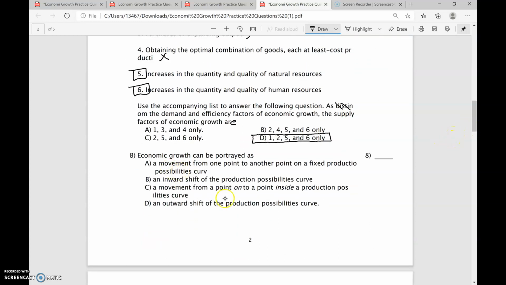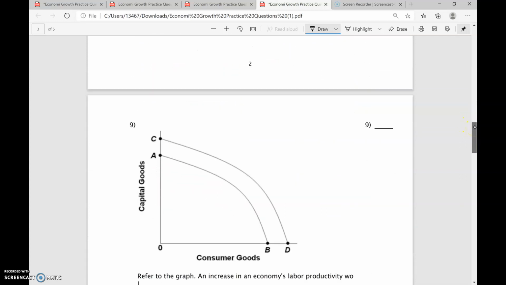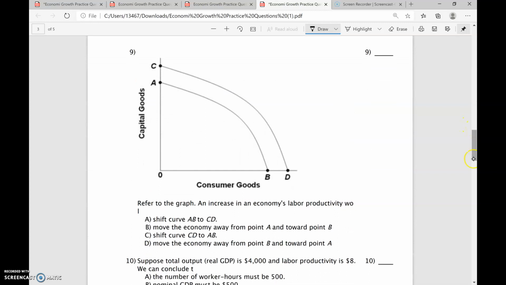Question number 8. Economic growth is portrayed by an outward shift of the production possibility curve. Question number 9. Refer to the graph, an increase in the economy's productivity.